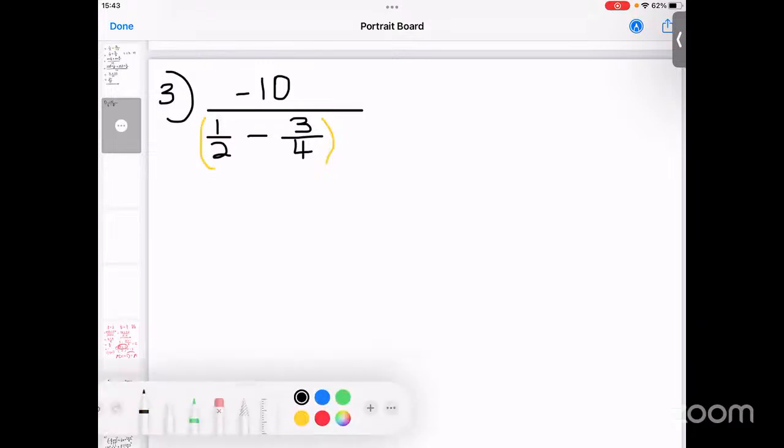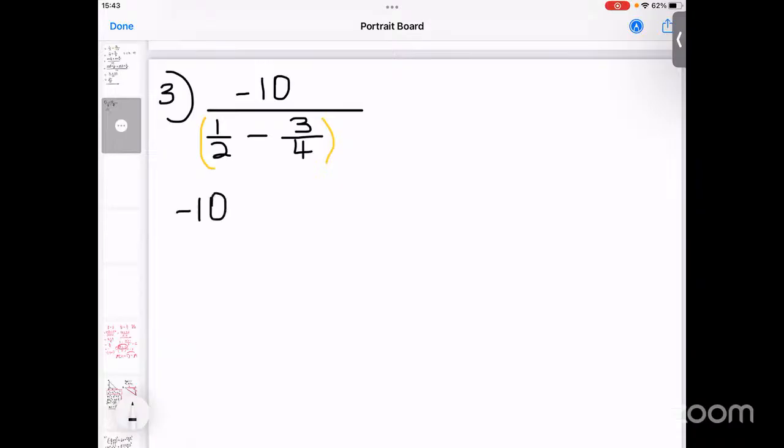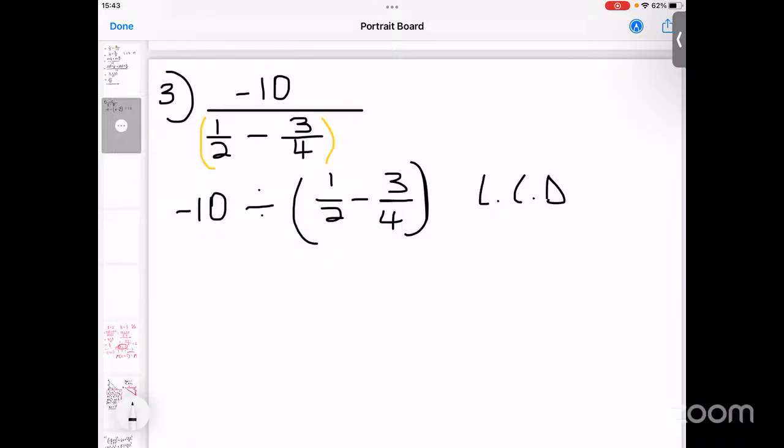But now to rewrite it nicely, you can just write it as negative 10 divided by that 1 over 2 minus 3 over 4, so that you will therefore find your LCD there, of which your LCD for this one is 4. Your LCD, definitely, it is 4.